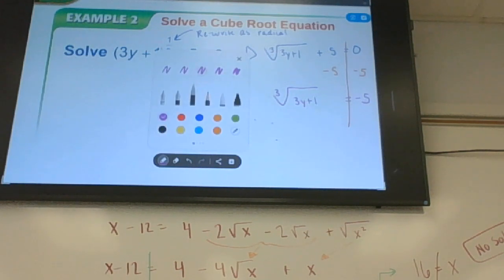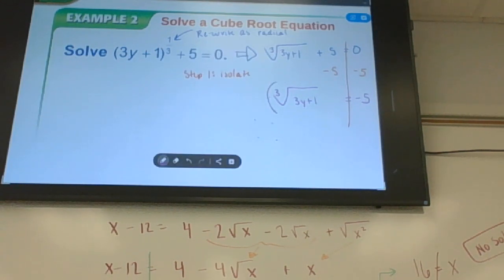This time, cube both sides, because whatever the index is, that's the power you raise it to. This time we do a power of 3. The other two we squared. Now we're cubing. So 3y plus 1 equals negative 125.